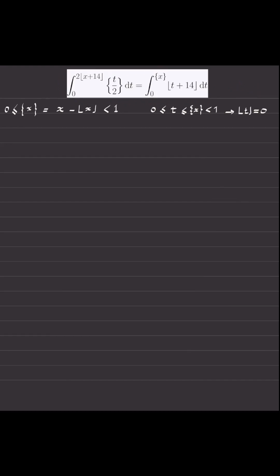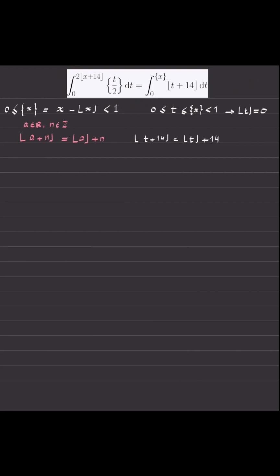And we already know a formula for this floor function. We know that if a is any real number and n is any integer, the floor of a plus n can be written as the floor of a plus the integer n outside the floor sign. That's also true for the floor of t plus 14, because 14 is an integer, so I can write it as the floor of t plus 14 outside.